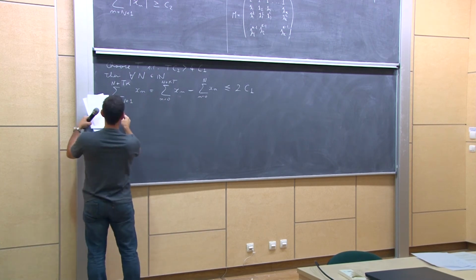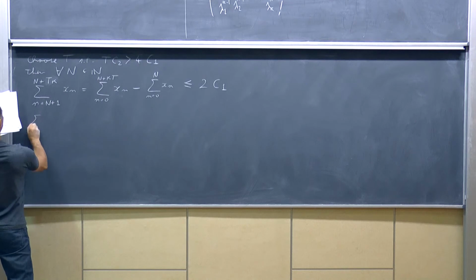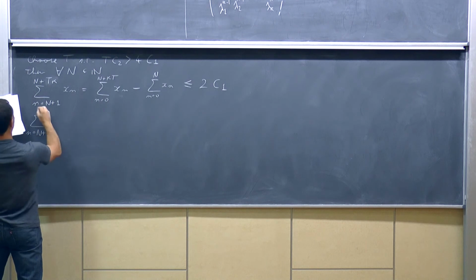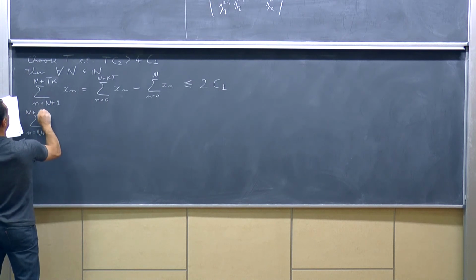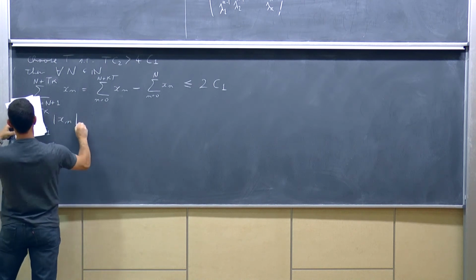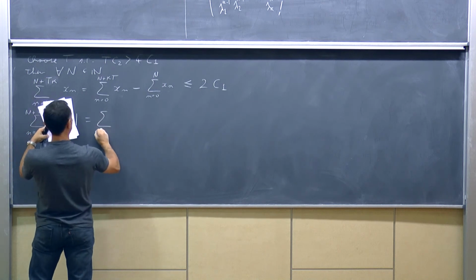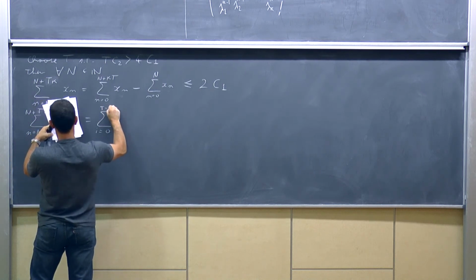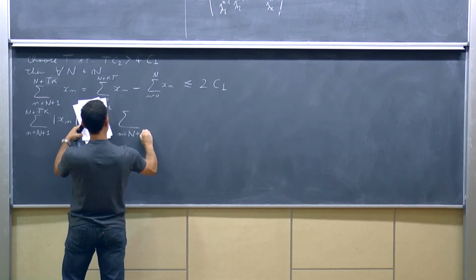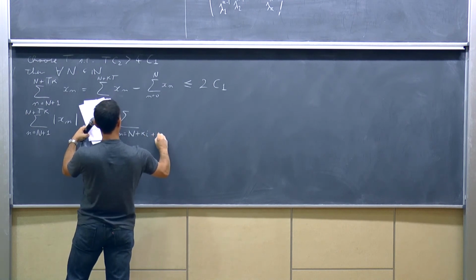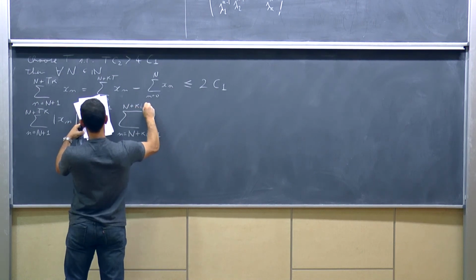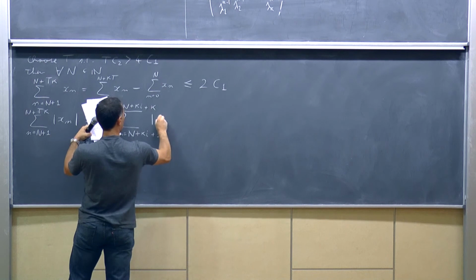Okay, so now I write the summation of n equals n plus 1 to n plus tk of the absolute value of xn, and so this is equal to the summation i equals 0 to t minus 1 of the summation n equals n plus ki plus 1 to n plus ki plus k of xn.